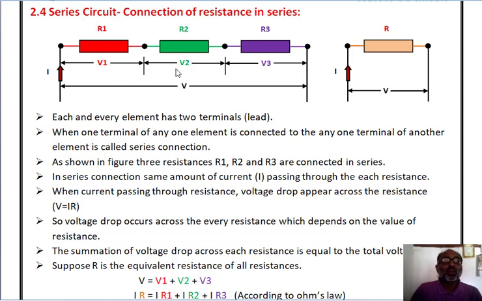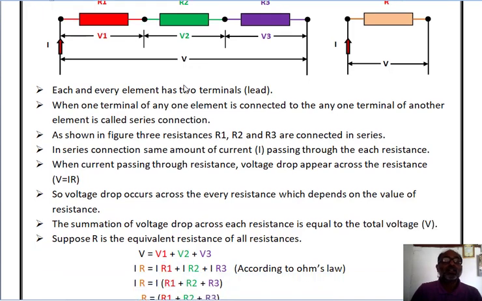Similarly, V2 is the voltage drop across resistance R2, and V3 is the voltage drop across resistance R3. The summation of all the voltage drops across each resistance is equal to the total applied voltage V, because capital V is the voltage applied across this series connection.